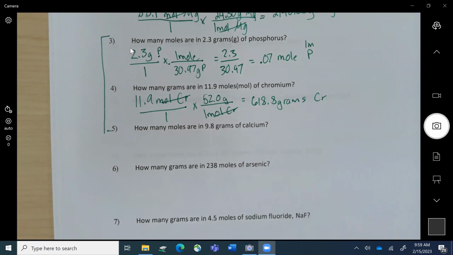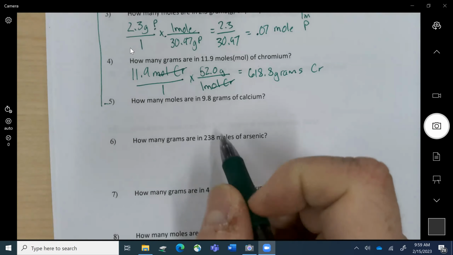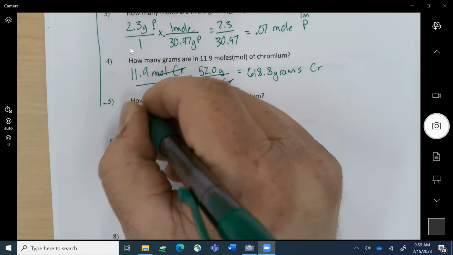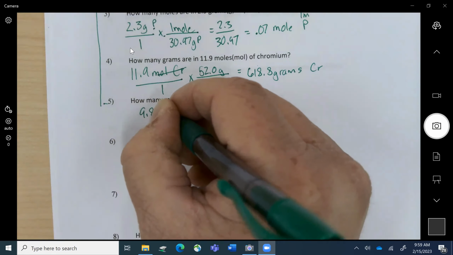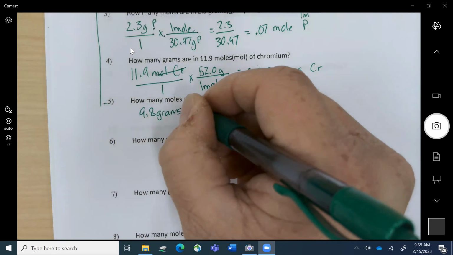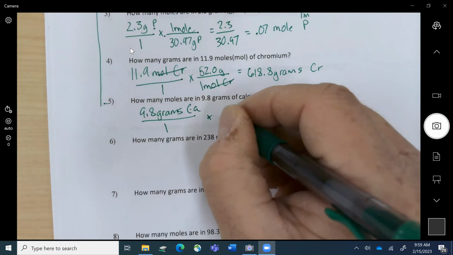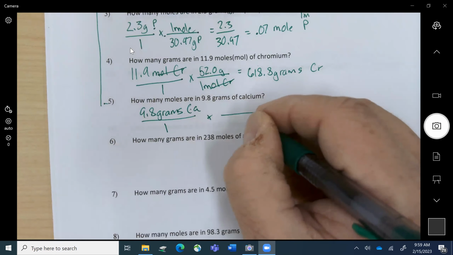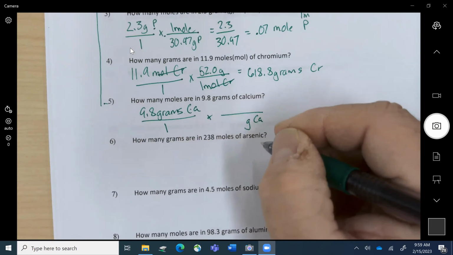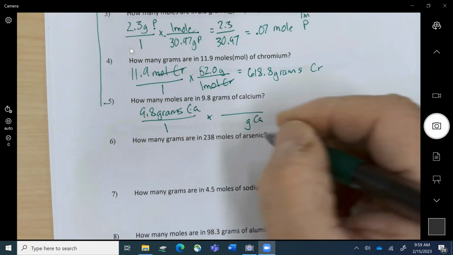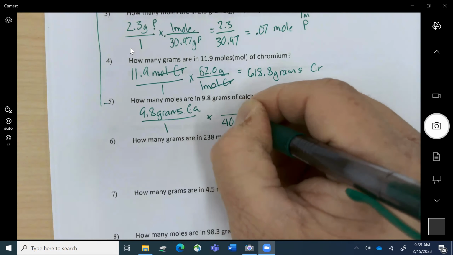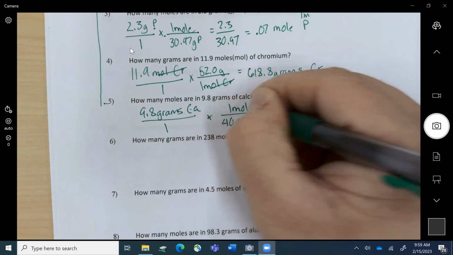Okay. Let's go ahead and do the next one. 9.8 grams of calcium. How many moles are in that? So 9.8 grams of Ca. This is going to be grams of Ca, which we find on our periodic table, 40.09, and that equals 1 mole of it.